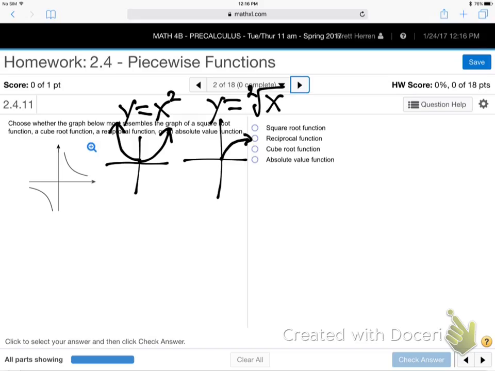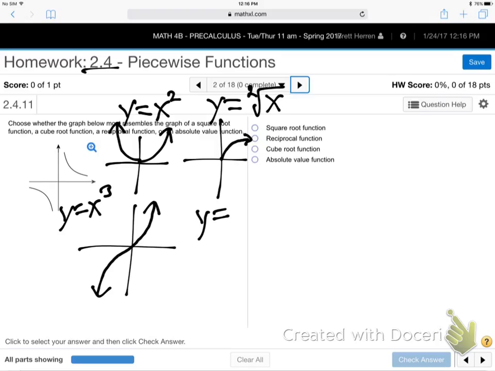This is 2.4. Yeah, we're in 2-4 now. And then let me go to x cubed. Does anybody know what x to the 3rd power looks like? Yeah, it does the snake. And then the 3rd root of x. See what I'm doing? I'm going back and forth between powers and roots.